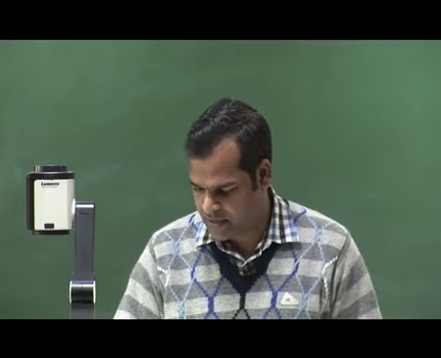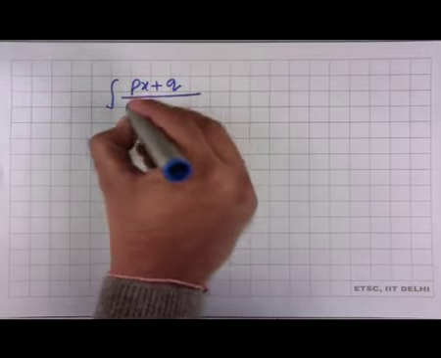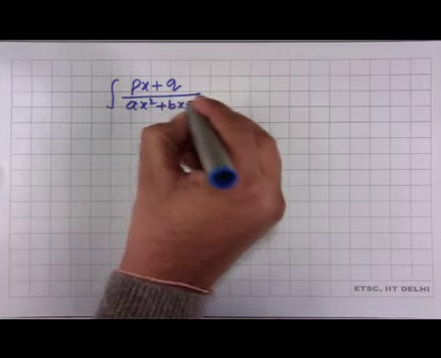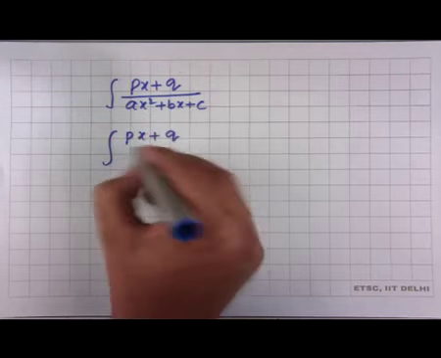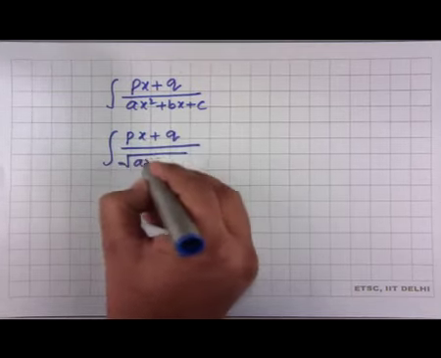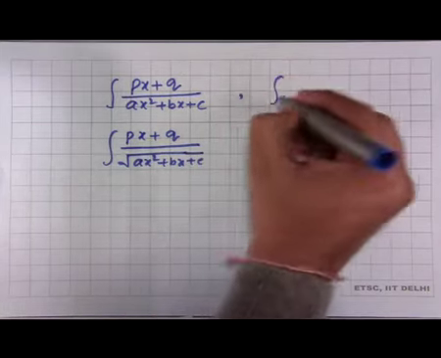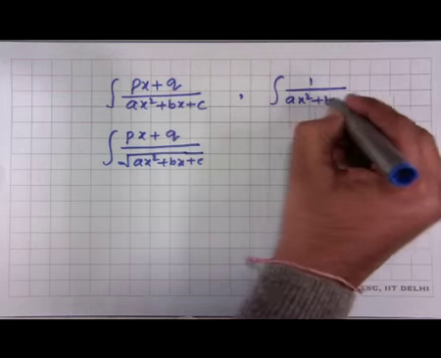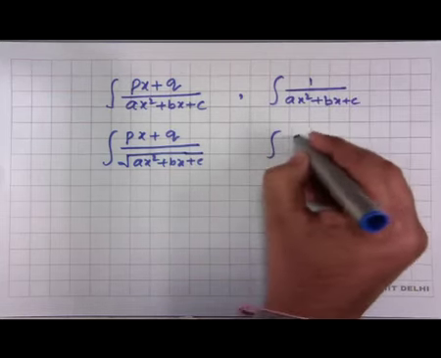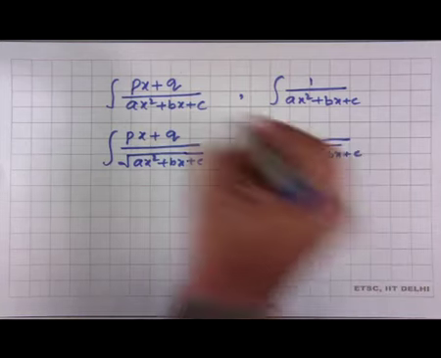In the later half of the class we looked at integrals of the kind px plus q over ax square plus bx plus c, px plus q over square root of ax square plus bx plus c, and as particular cases 1 over ax square plus bx plus c and 1 over square root of ax square plus bx plus c.